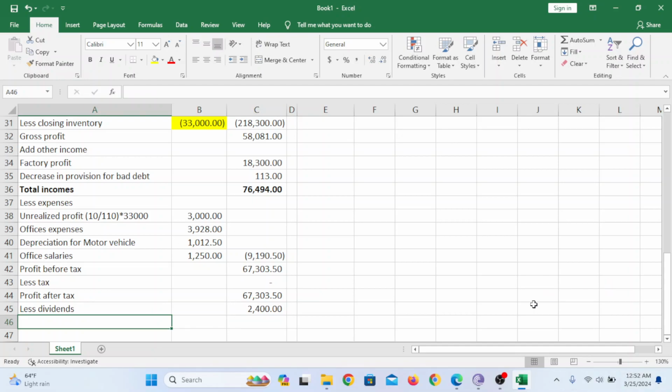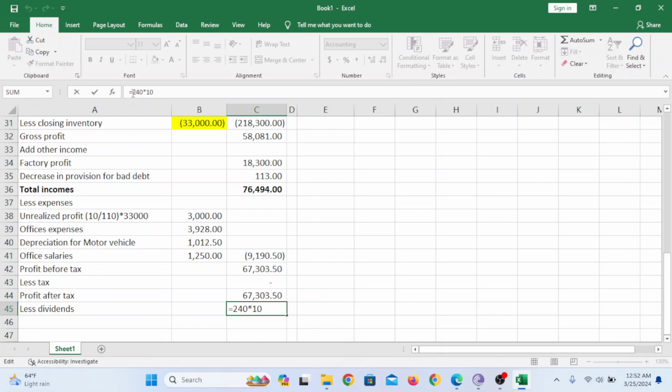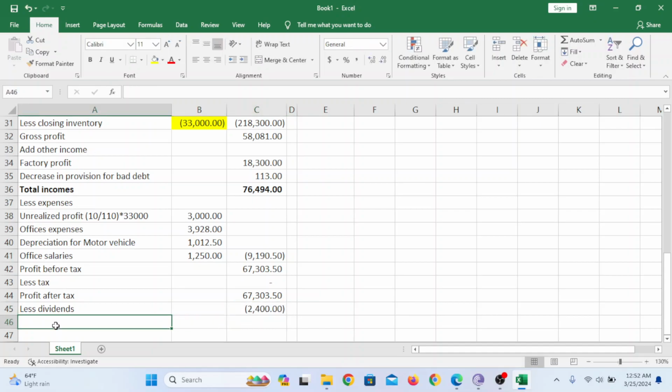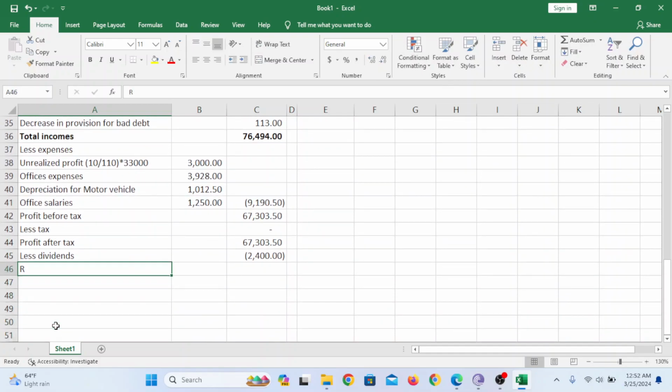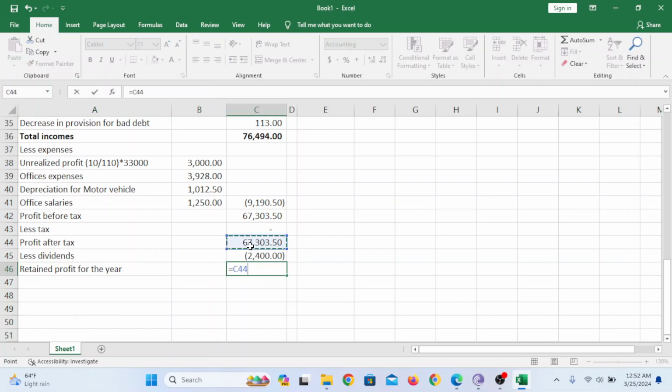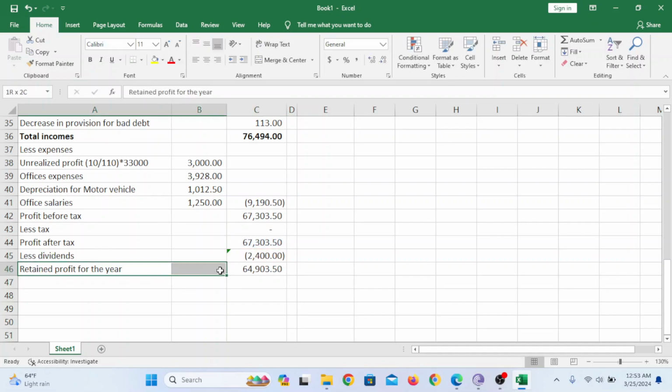We need to less this, so we'll get the retained profit for the year.